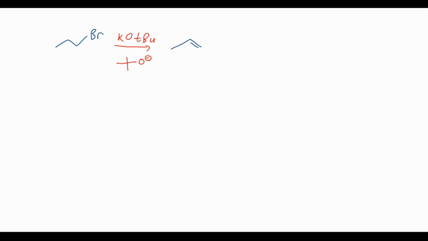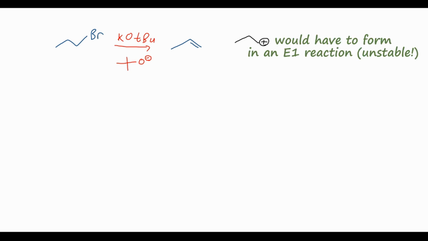So for an E1 reaction, this would mean that we would have to form the propyl carbocation, which would be relatively high in energy because it's that primary carbocation. And remember, primary carbocations are not stable, so this reaction would probably not follow E1 kinetics.